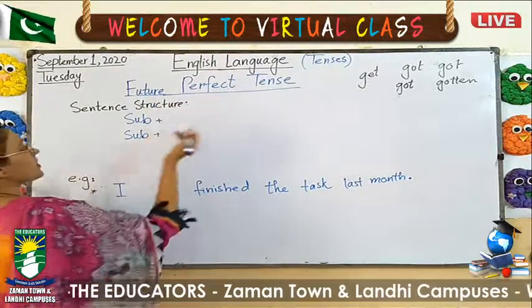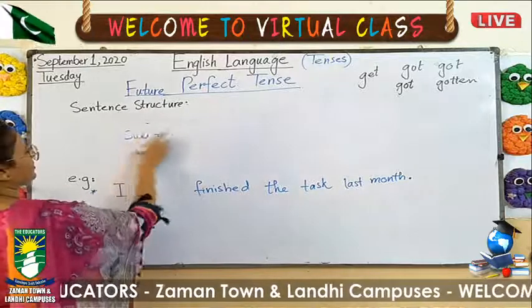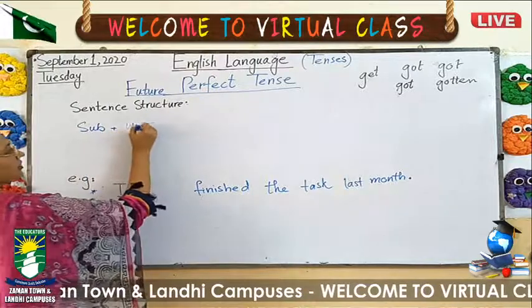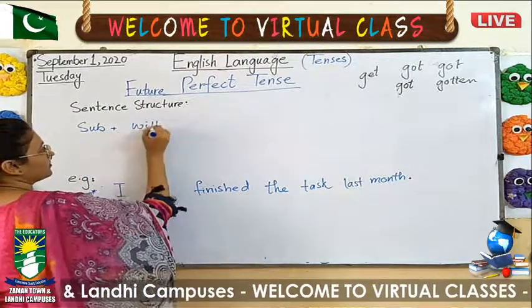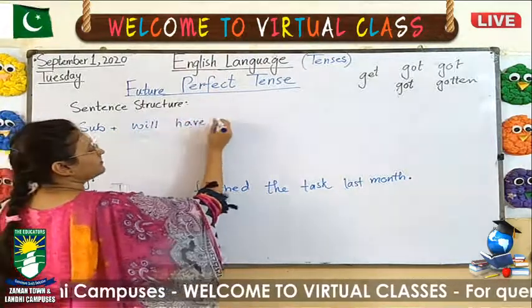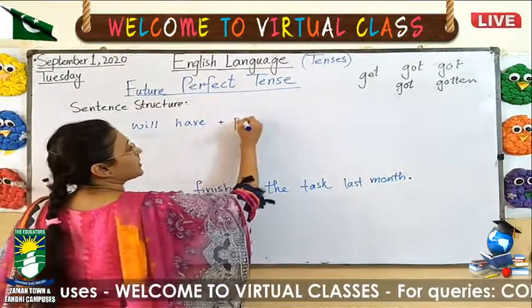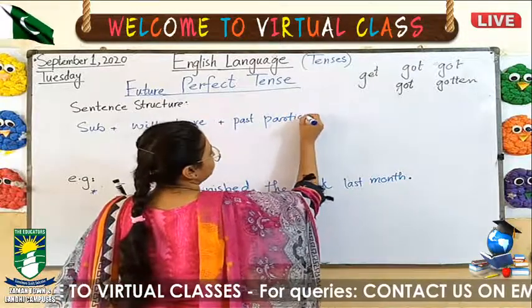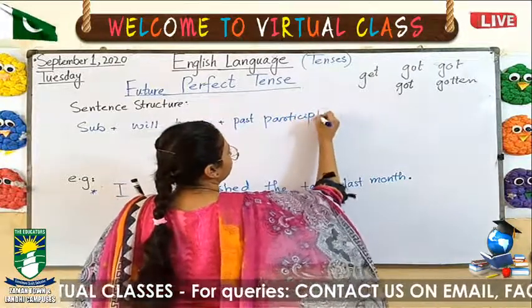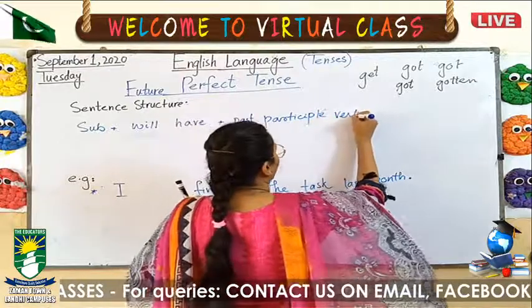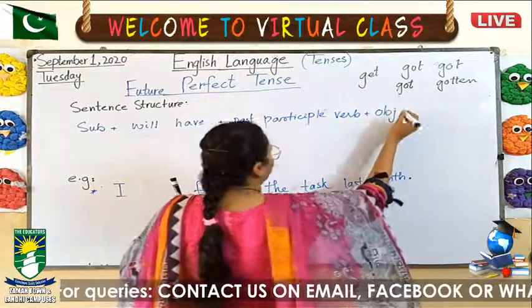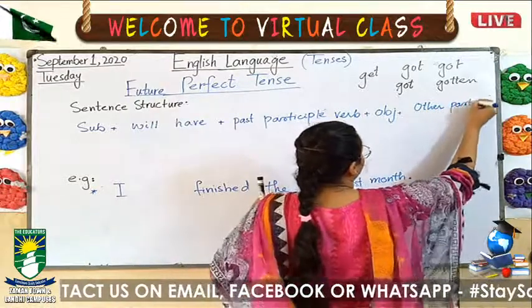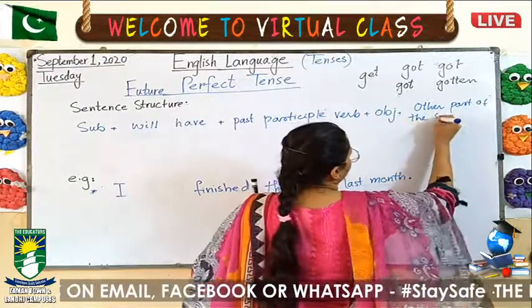The sentence structure, I'm writing here, beginning with subject, will have, past participle verb, object, other part of the sentence.